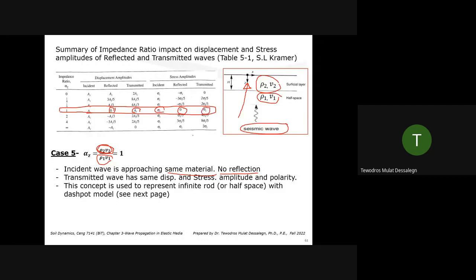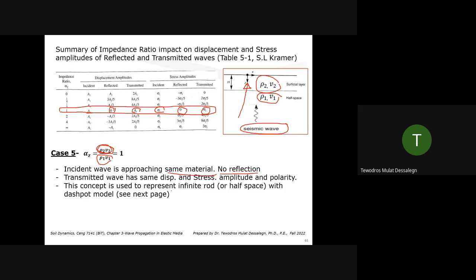So this is a unique concept. Even if geotechnically we say we have 2 layers, with 2 different densities and 2 different shear wave or P wave velocities, for a seismic wave, if the impedance ratio is 1, it feels the same. That's the conclusion. The transmitted wave has the same displacement and stress amplitude and polarity.